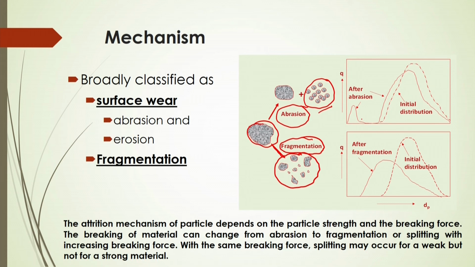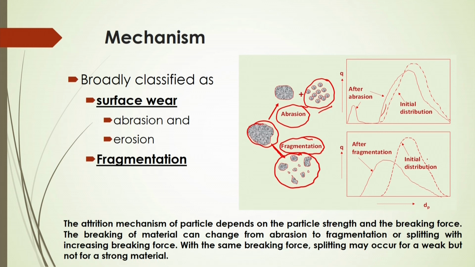After abrasion, this type of distribution comes. The dotted line represents the initial distribution of the solid particles inside the bed, whereas after attrition you will see how the distribution changes because of the formation of fines inside the bed.